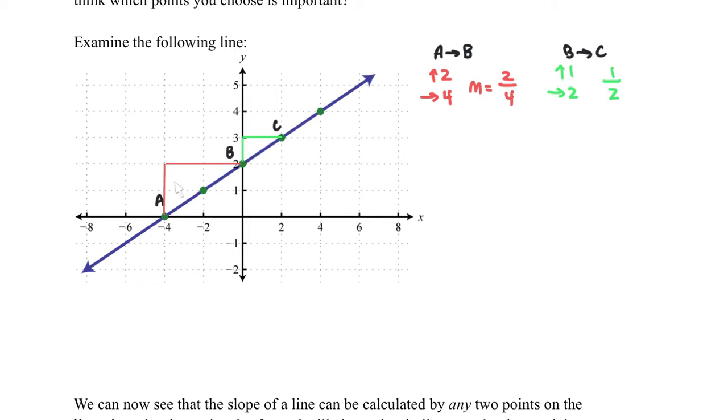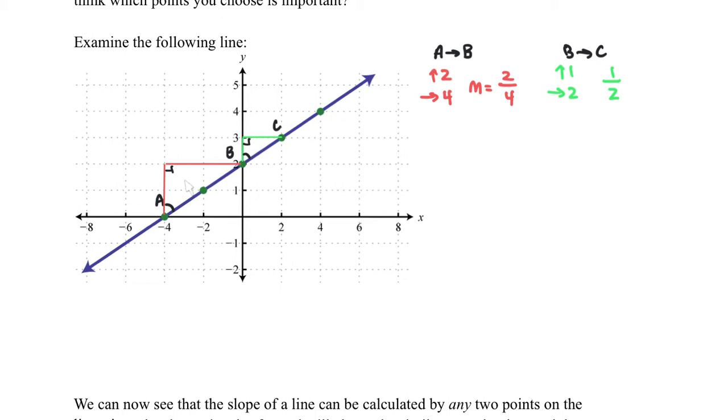What I created here with these lines is some triangles. In these triangles, this is a right angle right here. If I use parallel lines crossed by a transversal, we're going to revisit some stuff from the beginning of the year. It turns out that this angle and this angle are corresponding, so those 2 angles are congruent.